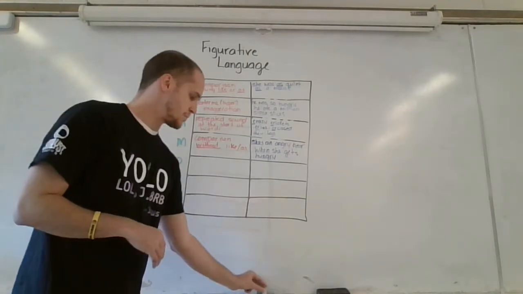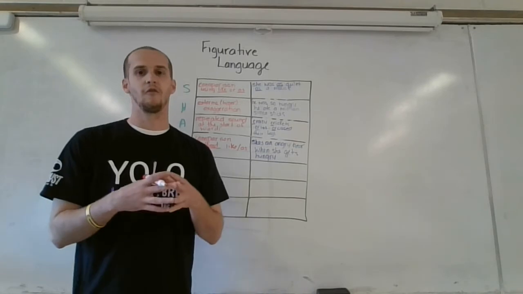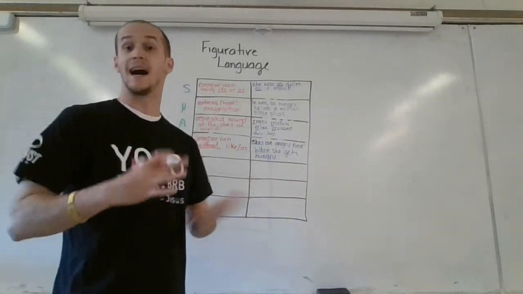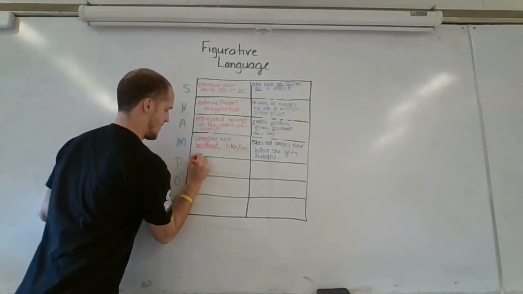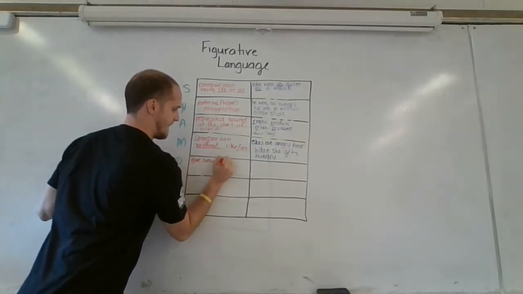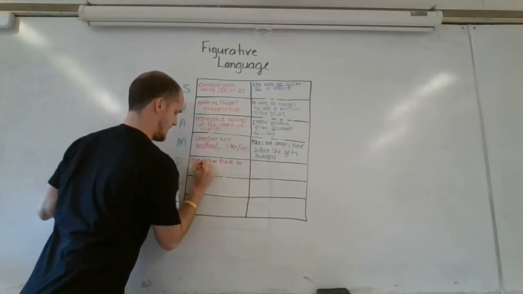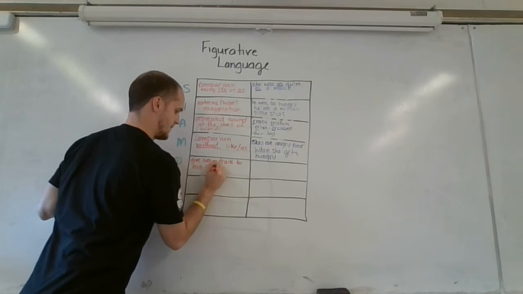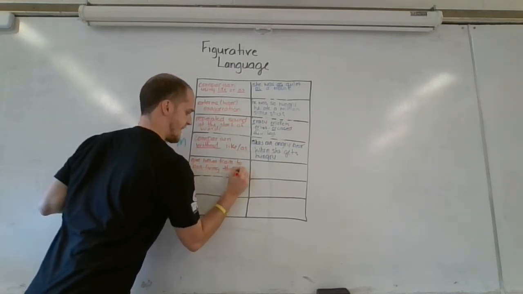The next one is personification. Personification is when you give human characteristics to non-living things. So you give human traits to non-living things.